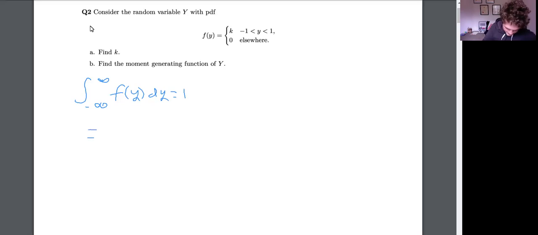So that is equal to, outside of the interval -1 to 1, this is a fairly trivial function, it's 0, so let's split it up into the trivial bits and the non-trivial bits. So before -1, it's always 0. Between -1 and 1, it takes the value k.